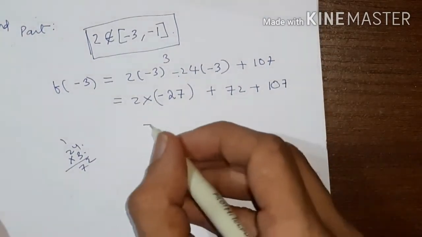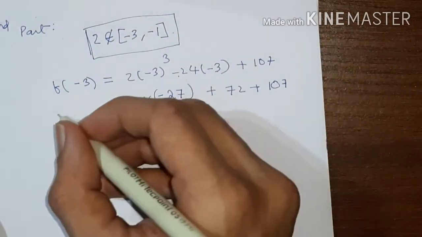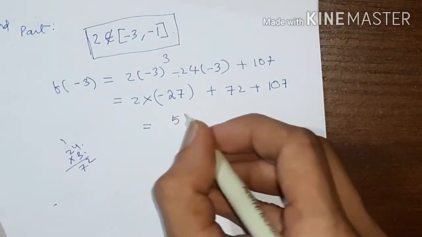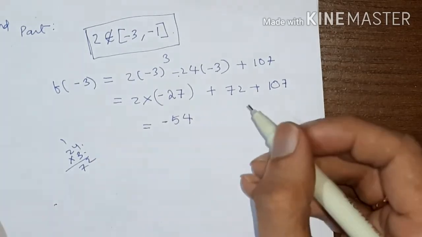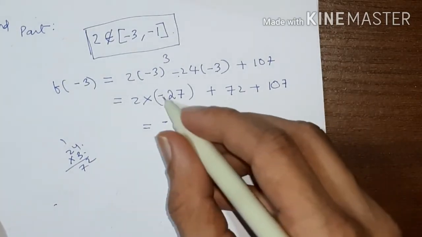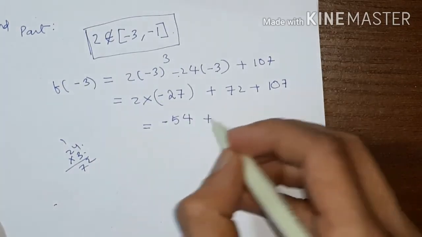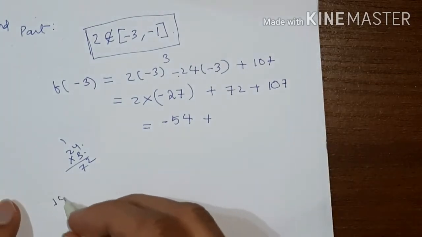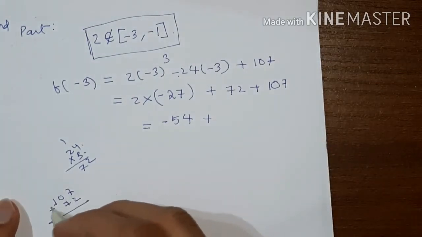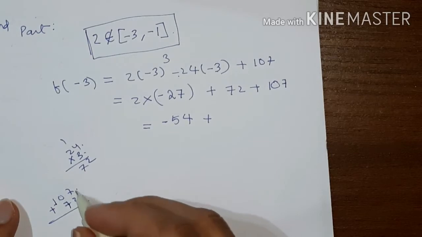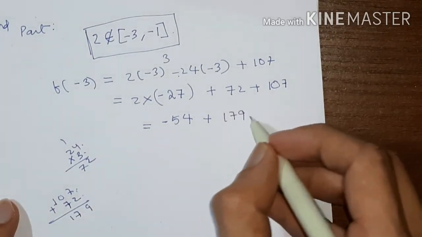Okay, now what is 2 times 27? Let us see, it is 54. And minus 54 plus this, 107 plus 72, so 7 plus 2 is 9, 10 plus 7 is 17, so 179.